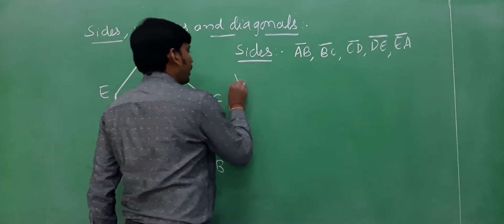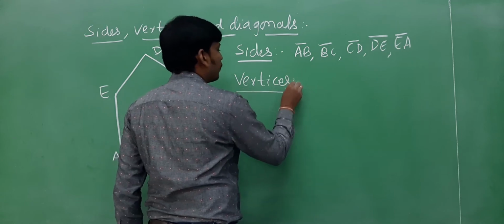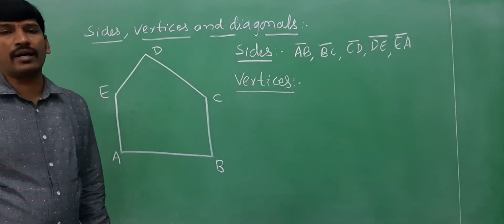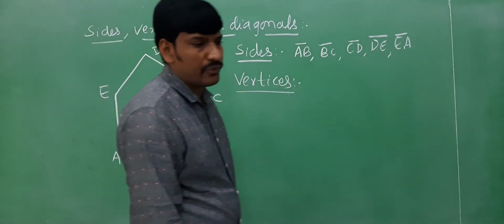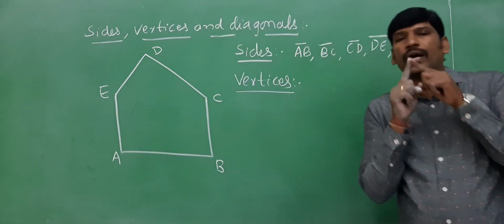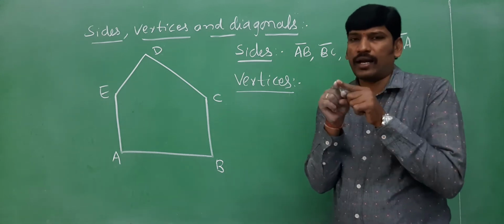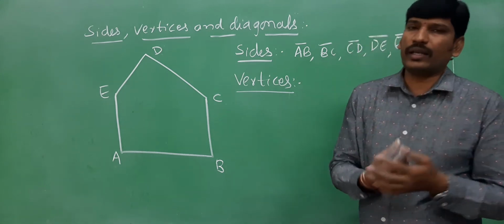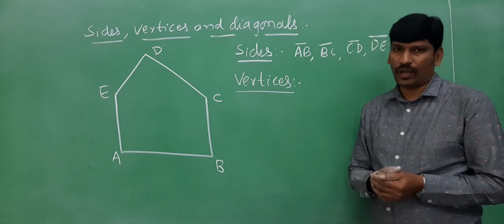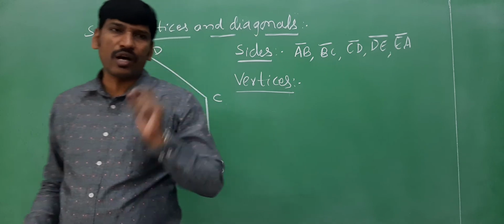The next topic is vertices. In earlier classes we already discussed corners. What is the meaning of corner? Two line segments meeting at one point is called a corner. That corner is nothing but a vertex here. Two line segments meet at one point, which is the common point.